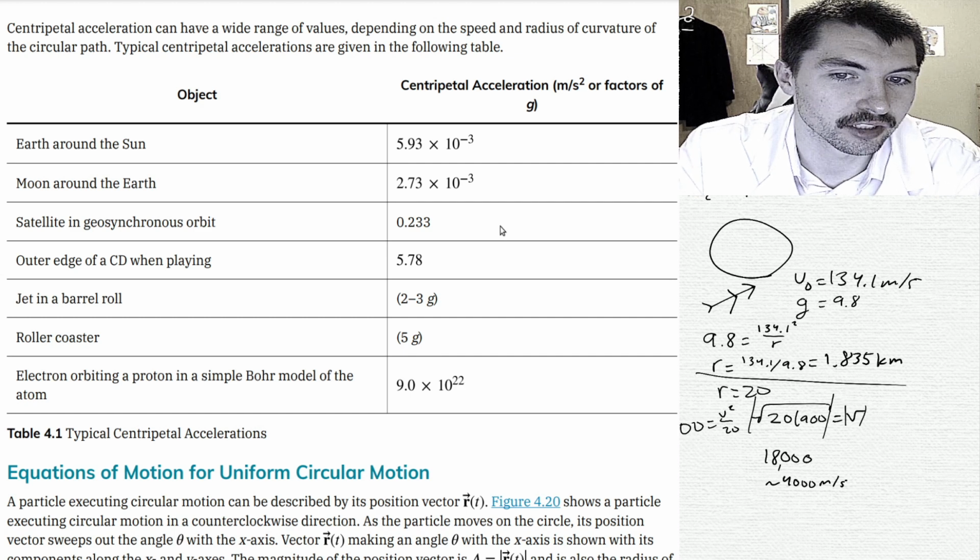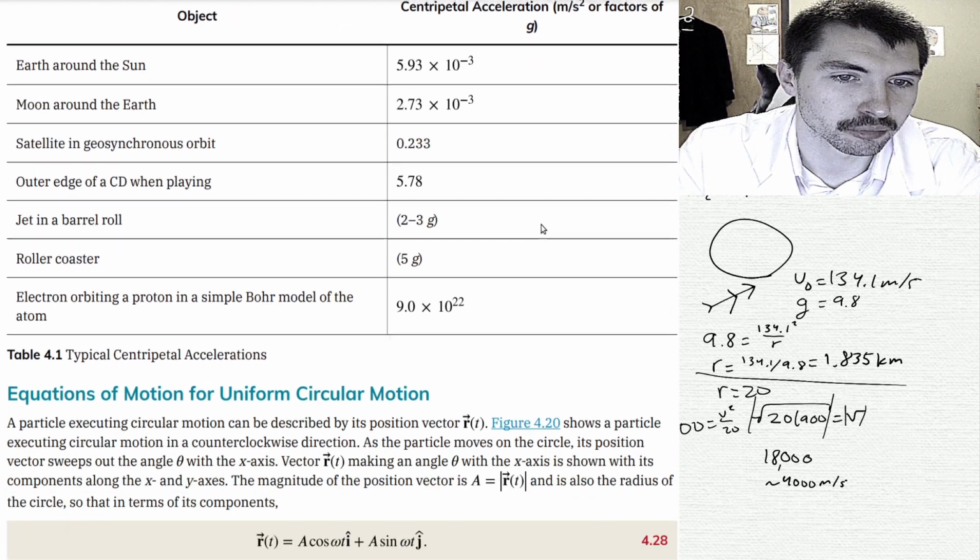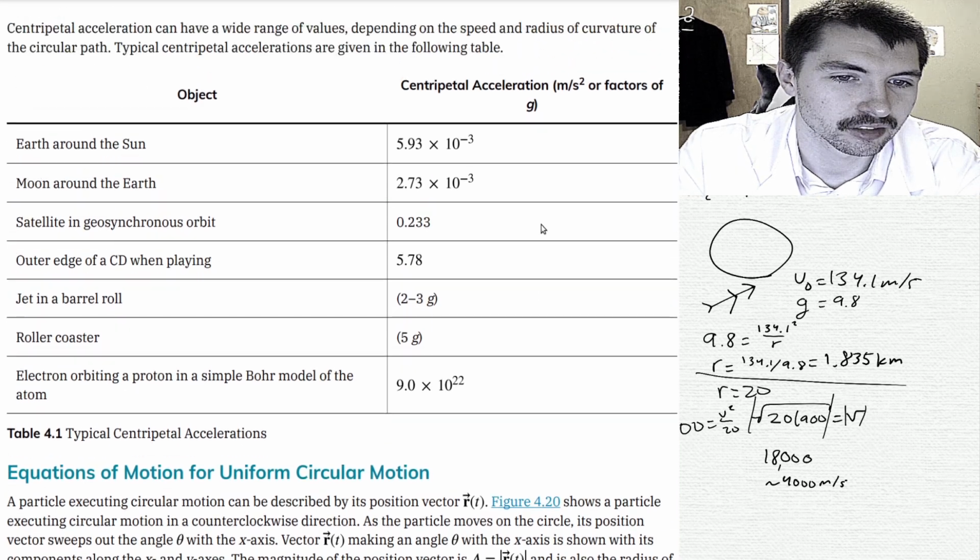It's 2 to 3 G's. Roller coaster is 5 G's. It's cool to know. Electron orbiting a proton is extremely fast.